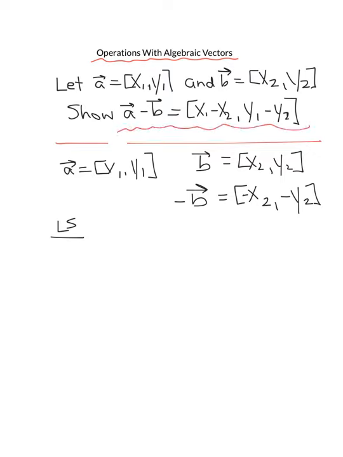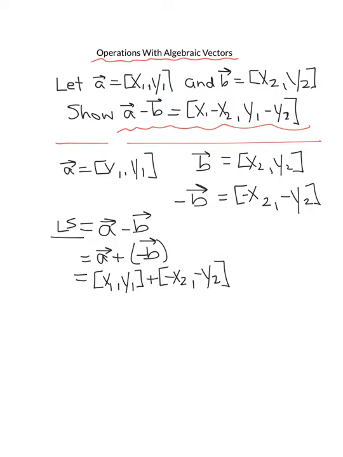The left side says vector A minus vector B. Now we know that that is the exact same as vector A plus vector negative B. If I plug in those components, it's easy to see that I'm just adding up these components. So I've got an x1 plus a negative x2, and then a y1 plus a negative y2.